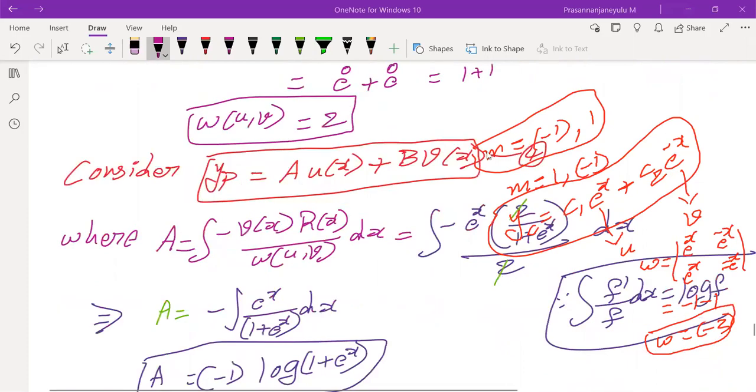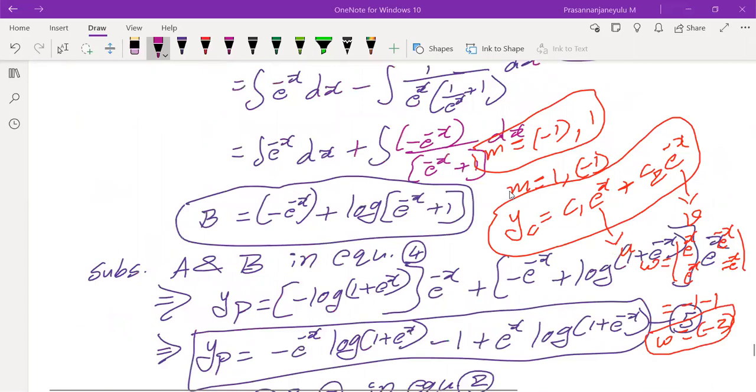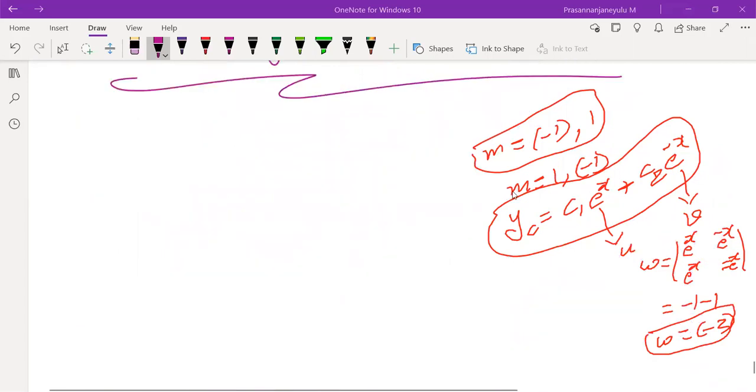Now, what is our formula for A? This is the formula. Now tell me, with these values, what is A going to become? A equals the integration of minus V. What is the value of V? e power minus x.